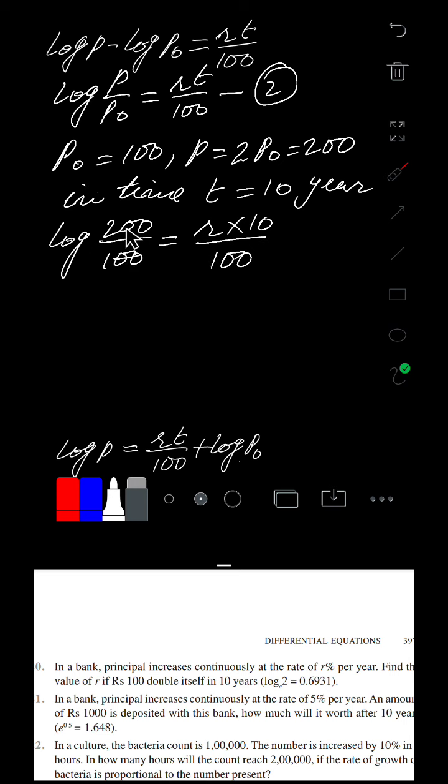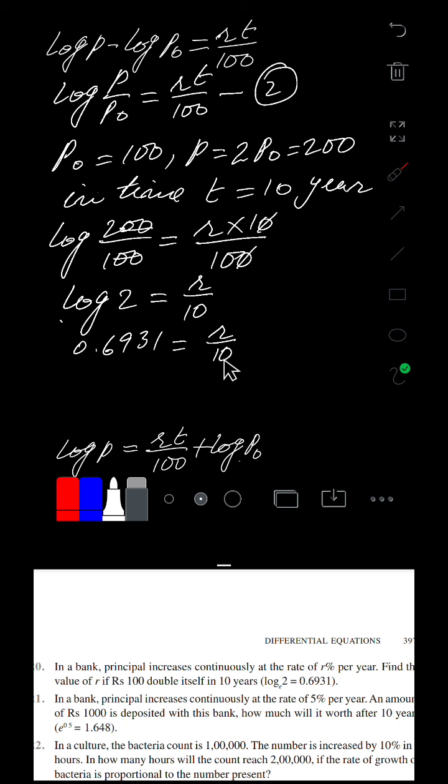Yes, two zeros are cancelled by two zeros and we get log 2 is equal to, and here 10 is cancelled by 10, we get R upon 10. And as log 2 is already given in the problem, that is 0.6931, we may substitute the value of log 2 over here. We get 0.6931 is equal to R upon 10.